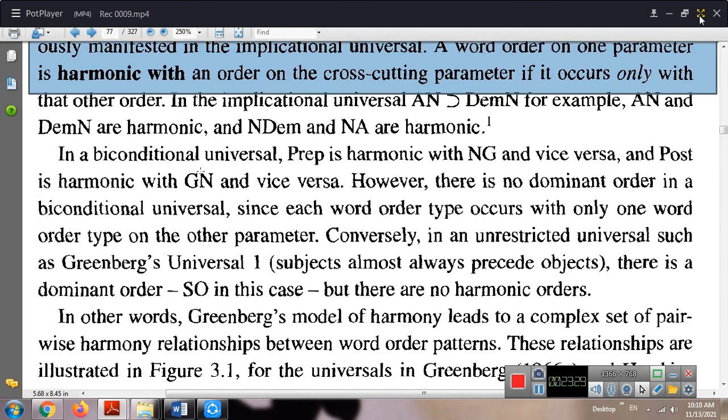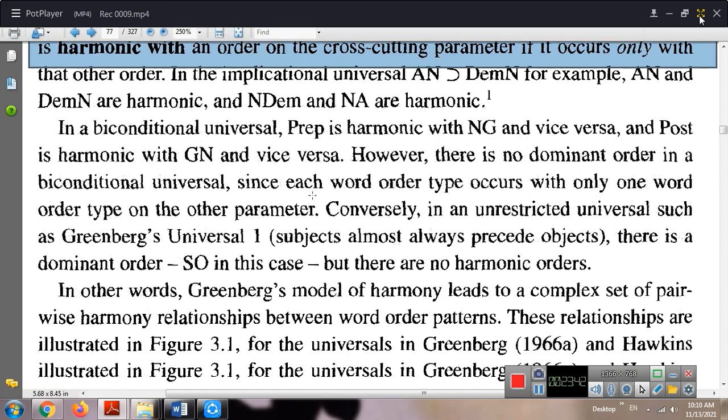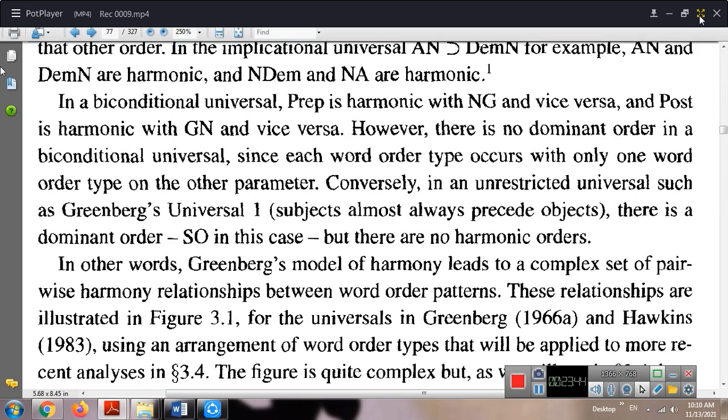In a biconditional universal, preposition is harmonic with noun-genitive, and vice versa. And postposition is harmonic with genitive-noun, and vice versa, because they come with each other. However, there is no dominant order in a biconditional universal, since each word order type occurs with only one word order type on the other parameter.